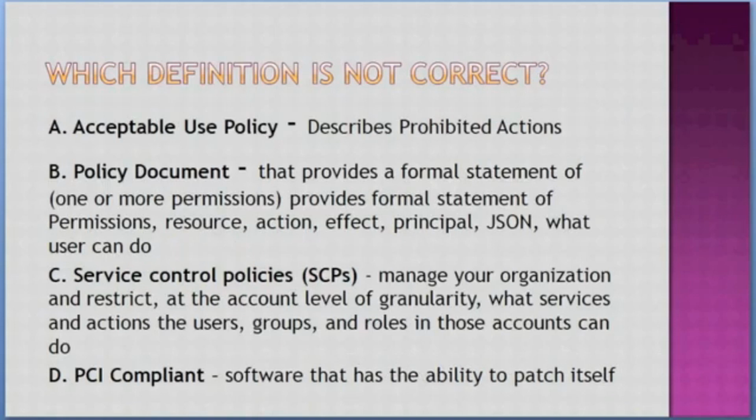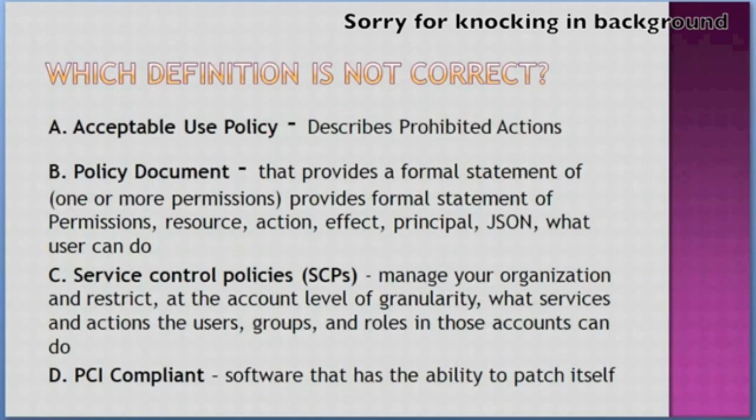Which definition is not correct? A. Acceptable use policy describes prohibited actions. B. Policy document that provides a formal statement of one or more permissions: resource, action, effects, principal, JSON, what users can do.